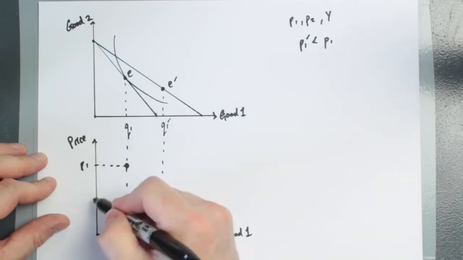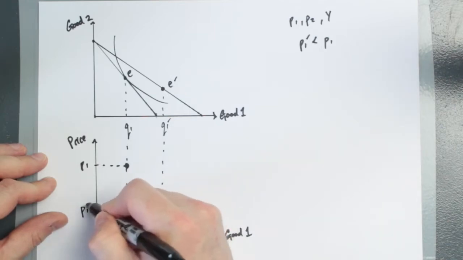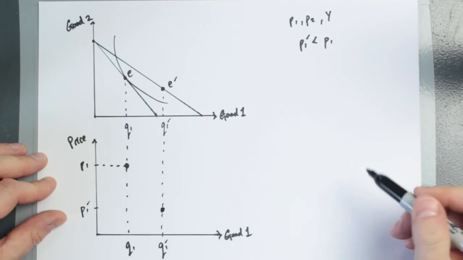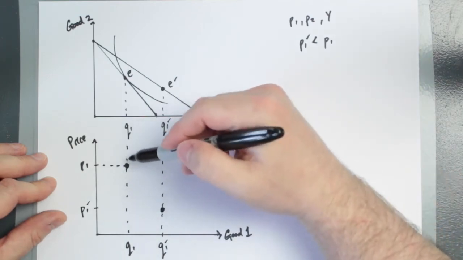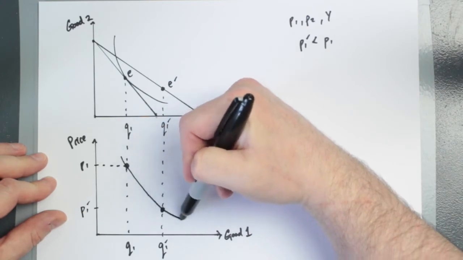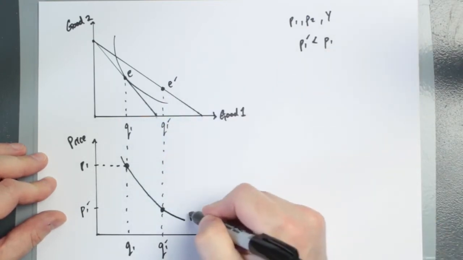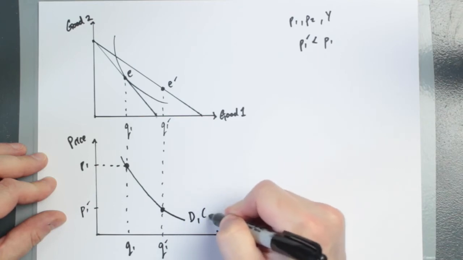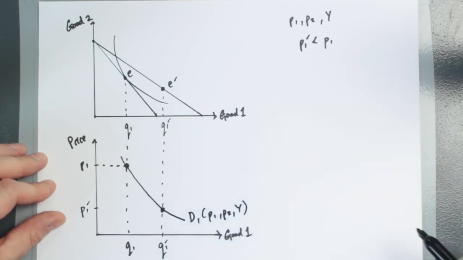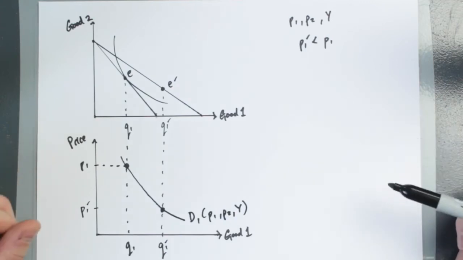When the price fell, let's just draw P1 prime below P1. And so when we connected these 2 points, drawing something like this is how we constructed the Marshallian uncompensated demand function graphically. Okay, so that's all what we've seen before.